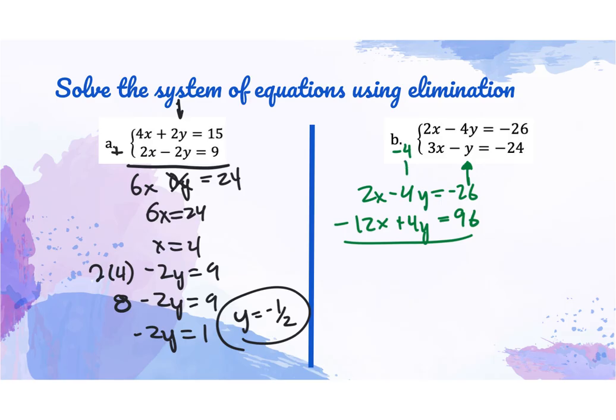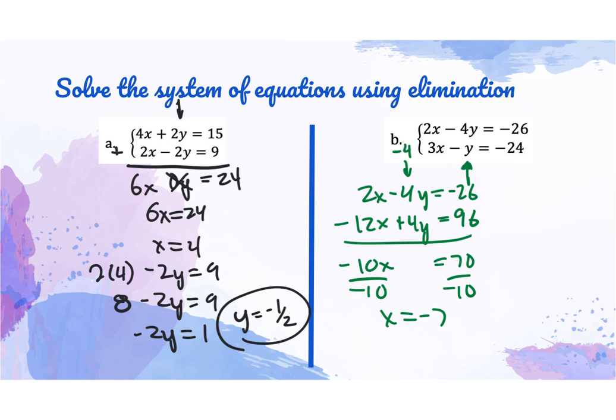So I get negative 4y, positive 4y. So that becomes negative 10x, and that becomes 70. Nope, x is going to be divided by negative 10. Sorry, got ahead of myself. Divide by negative 10, so x will equal negative 7.